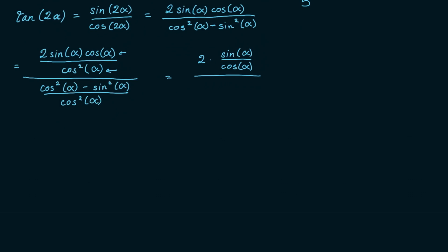Now in the denominator, if we divide everything by cosine squared of alpha, we get 1 minus sine squared alpha divided by cosine squared of alpha.